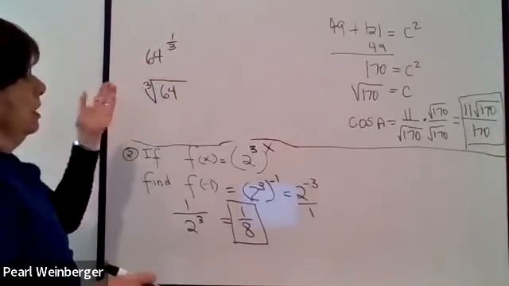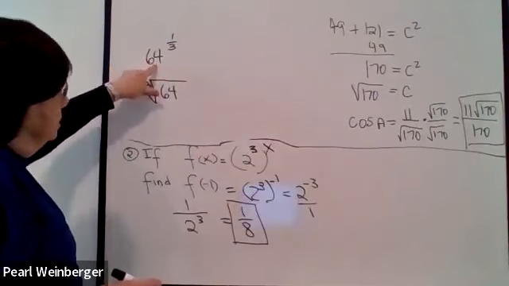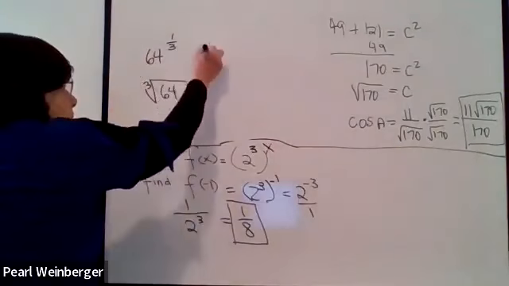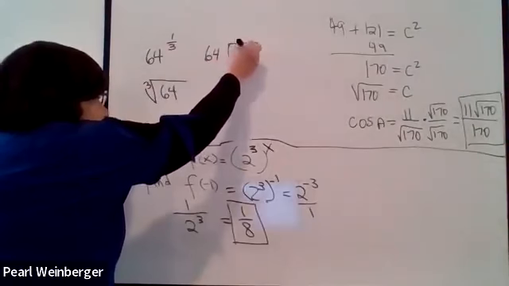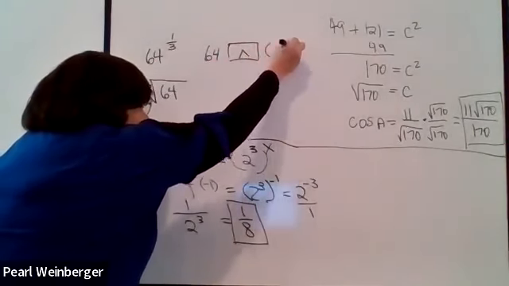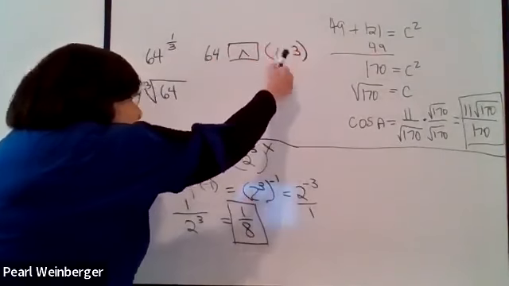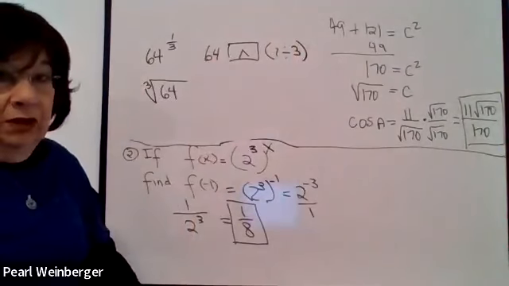Again, you could do this on your calculator. Put in the 64, press your exponent button, and then use parentheses, 1 divided by 3, to indicate to the calculator that the exponent is the whole 1/3.